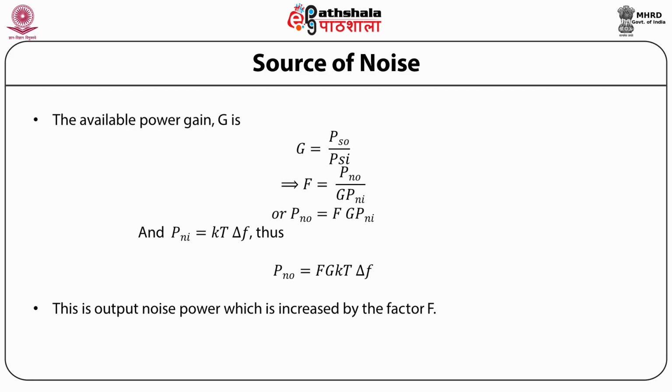So the available power gain G is equal to PSO by PSI, which implies F equals PNO by G PNI, or PNO equals F multiplied by G multiplied by PNI, and PNI equals KT delta F. Thus, PNO equals FG KT delta F. This is the output noise power, which is increased by the factor F.